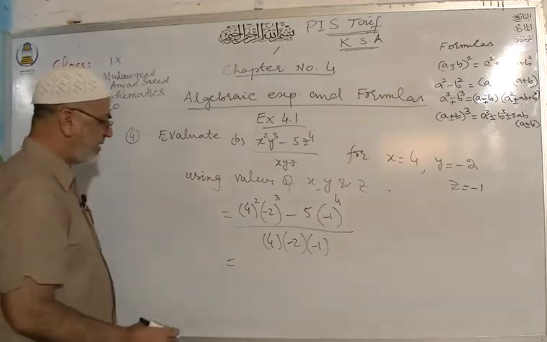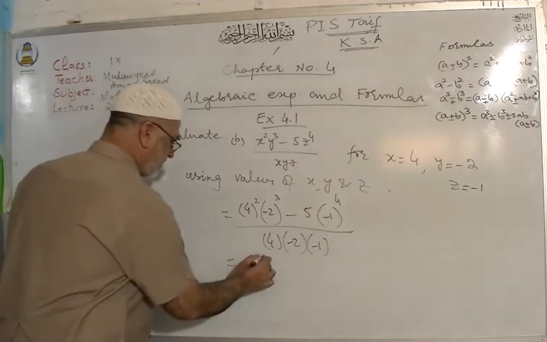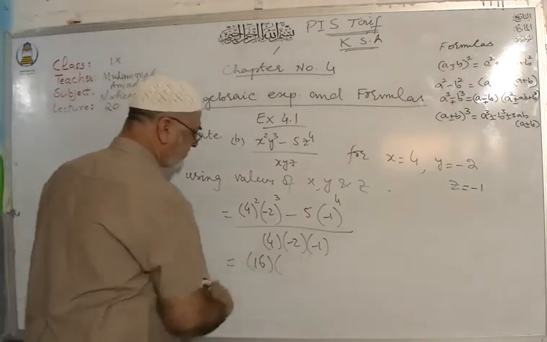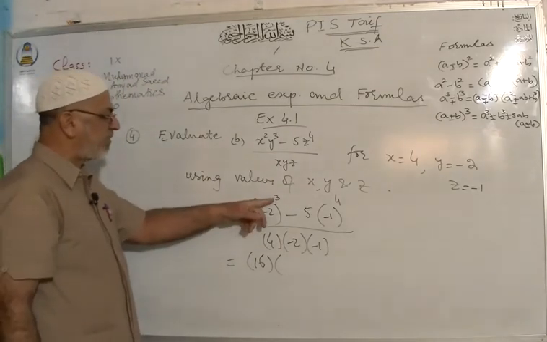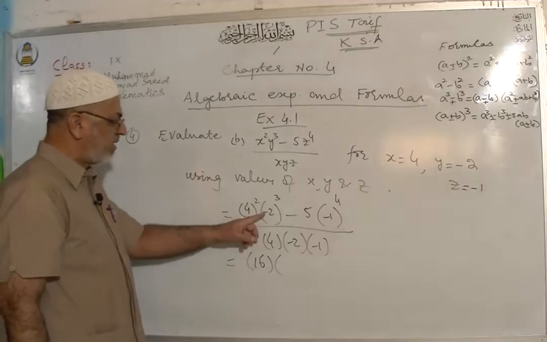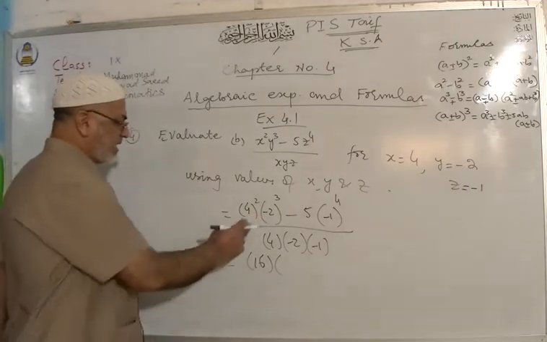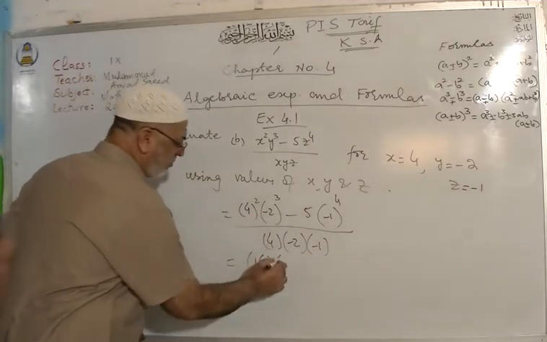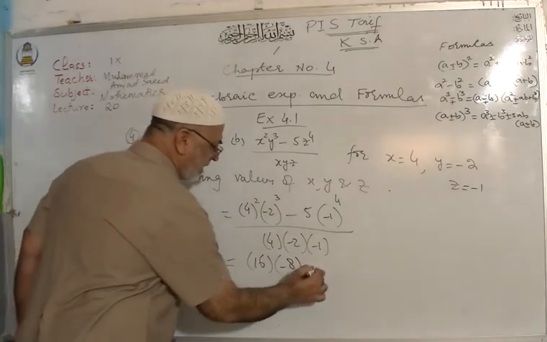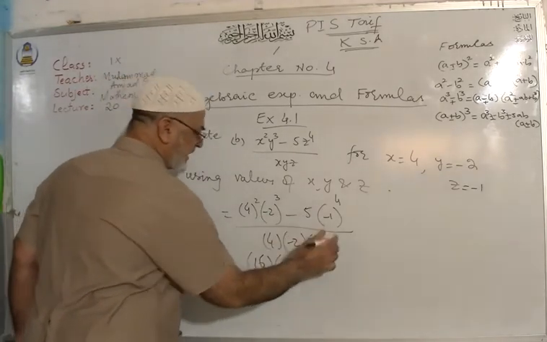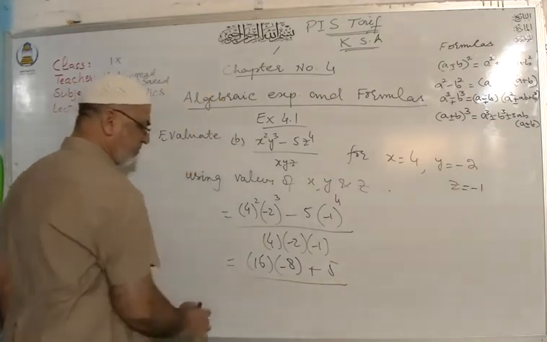4 squared is 16. Minus 2 cubed. Remember that this power 3 is an odd power, so the negative will remain as it is. So minus 2 cubed means minus 2 to the 4 to the 8, and minus minus plus 5 on the 5.